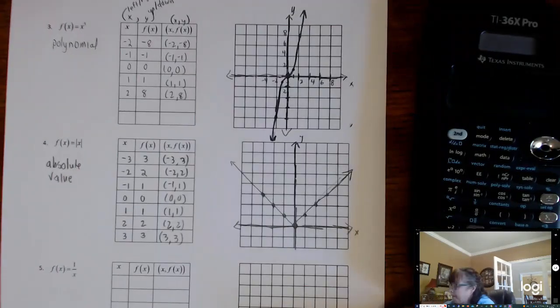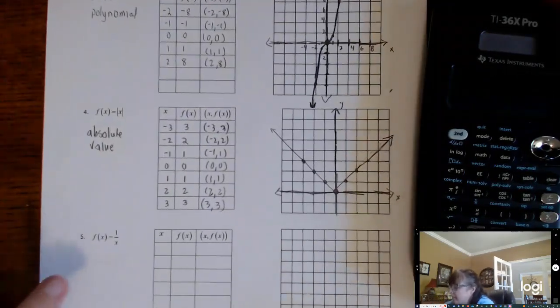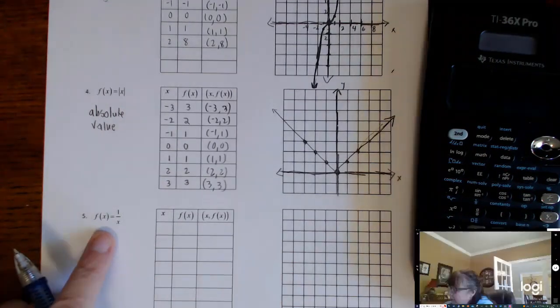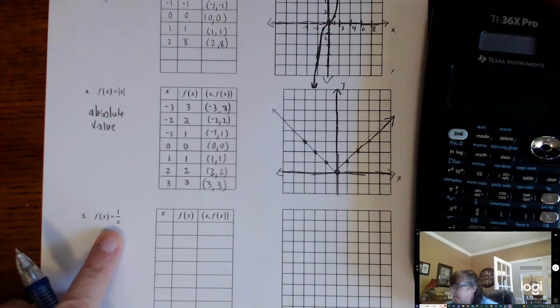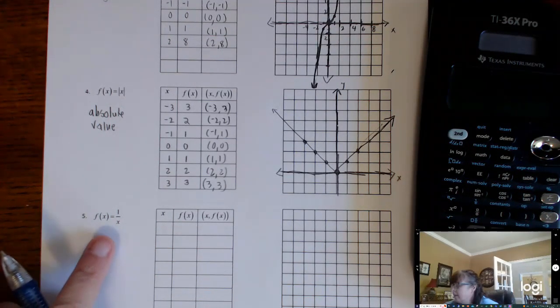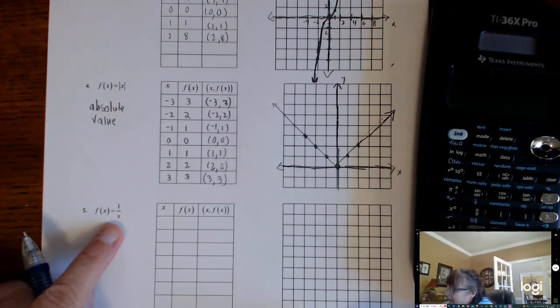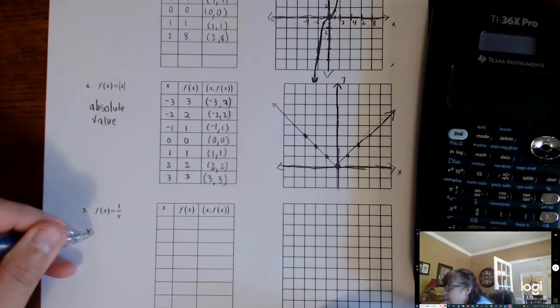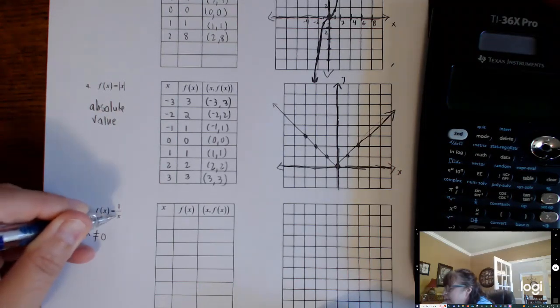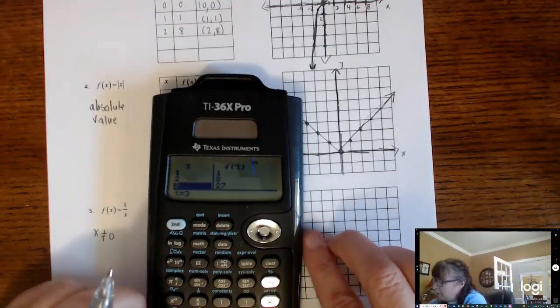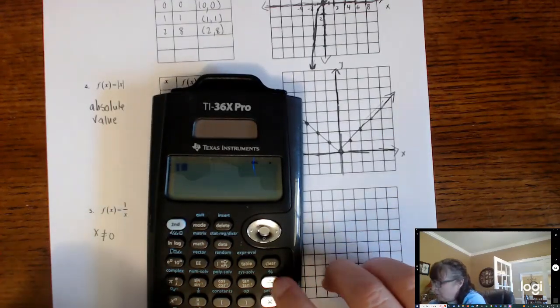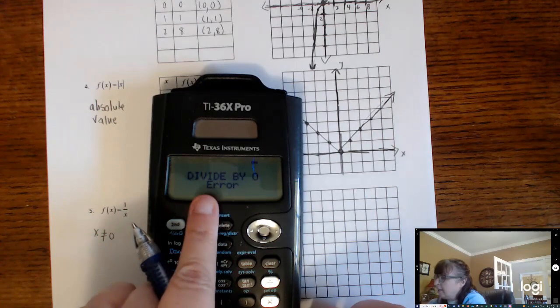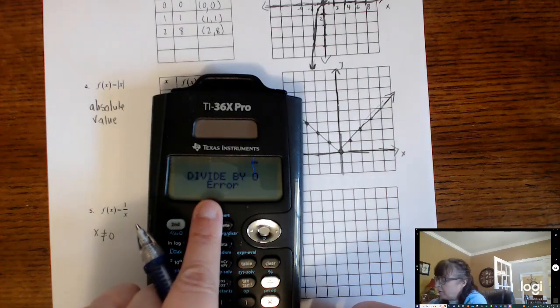All right, now this next one, there's a variable x at the bottom, and that's called the denominator, and we're going to be learning this later, but you might probably know that you're not allowed to have 0 in the bottom of a fraction, because if you do, you get, hit second clip, 1 divided by 0, you get a divide by 0 error, right?